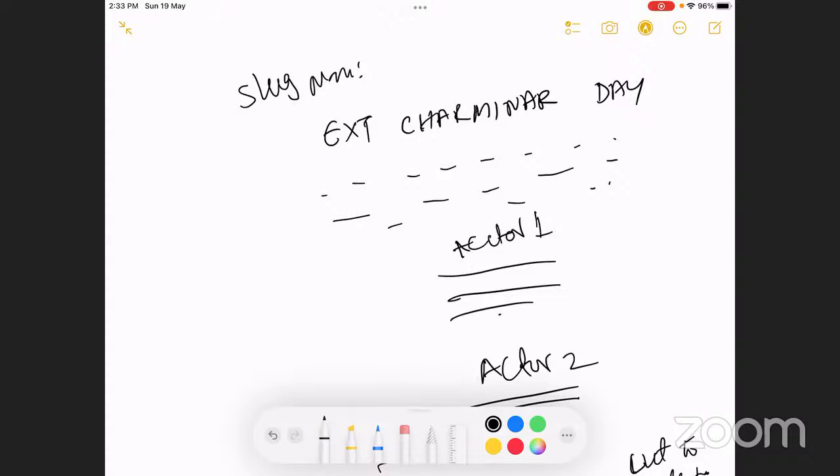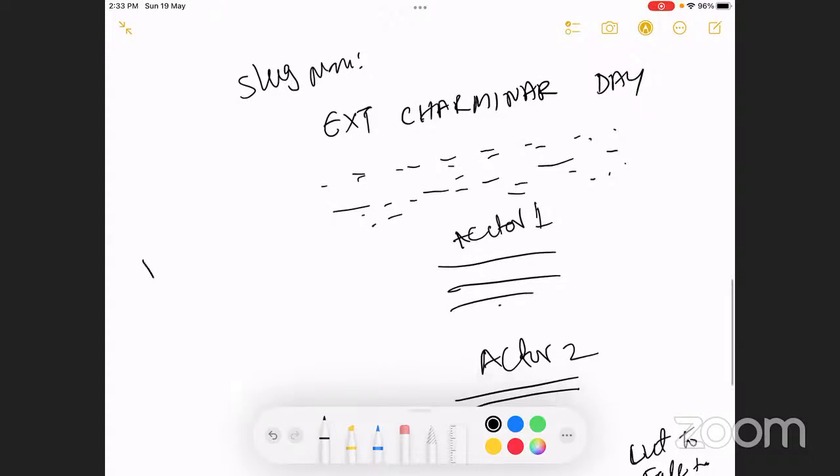If it is inside the office or Charminar, you need to light up the area. For that, you need to describe whether the shooting takes place in the day or night. Then you need to describe the scene, and if there are dialogues, you include them. This is the fiction format.